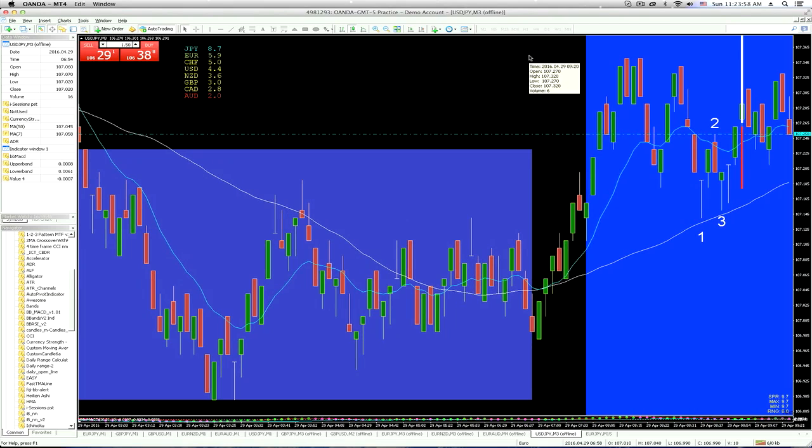So the next candle, now we're back down. We're still within the range of this high, and this low is where our stop would be. So we're okay right now. And what does the chart look like? It's starting to look pretty busy.